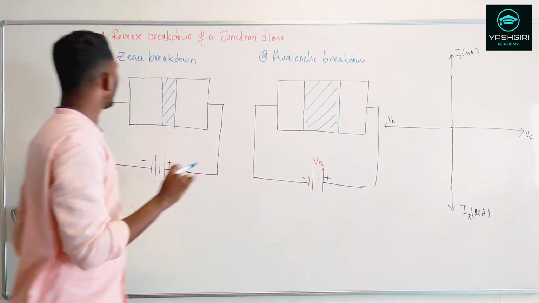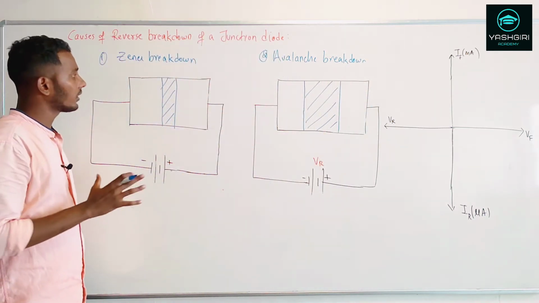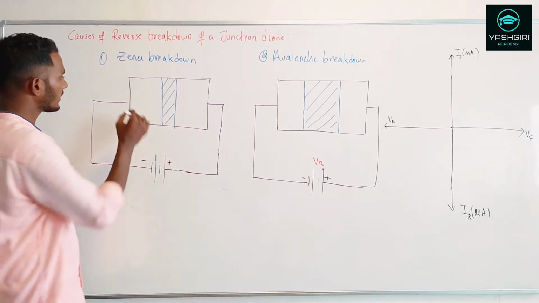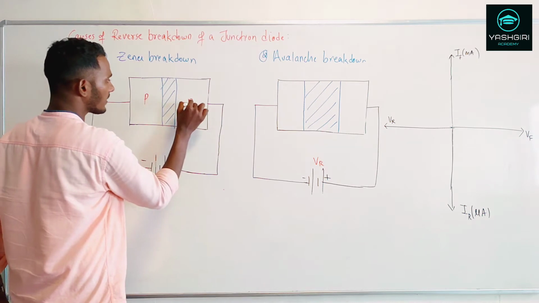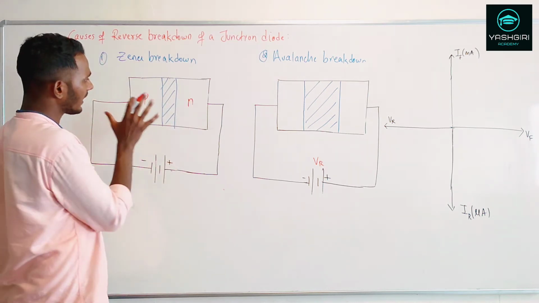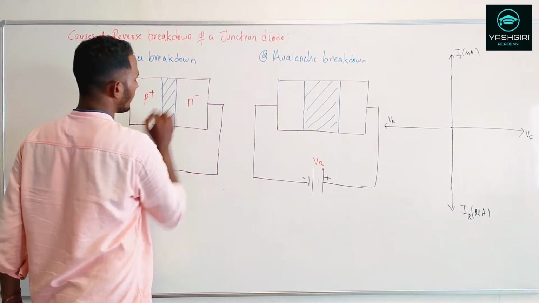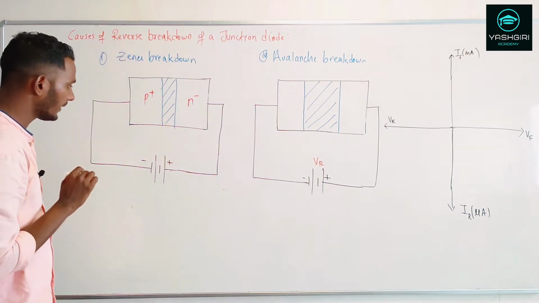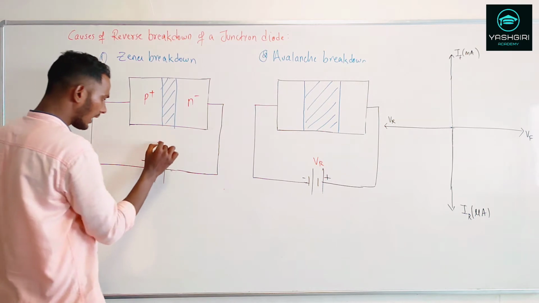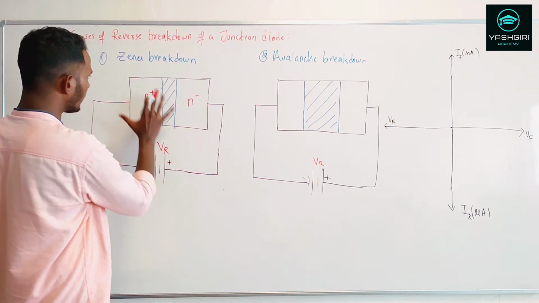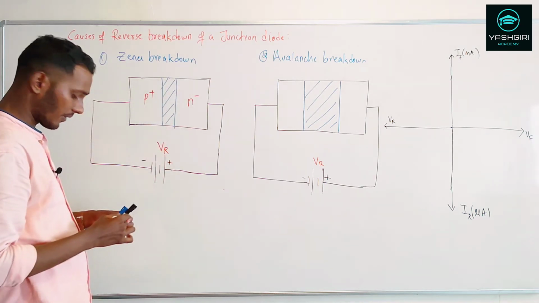All right. Now the Zener breakdown occurs in junction diodes which are highly doped. So here this is my P side and this is my N side. To show that they are highly doped, I'll be using a plus over here, and a minus for the N type. Now this is my VR. I am connecting some reverse voltage to this PN junction diode, and we know that the doping concentration in this is very high.